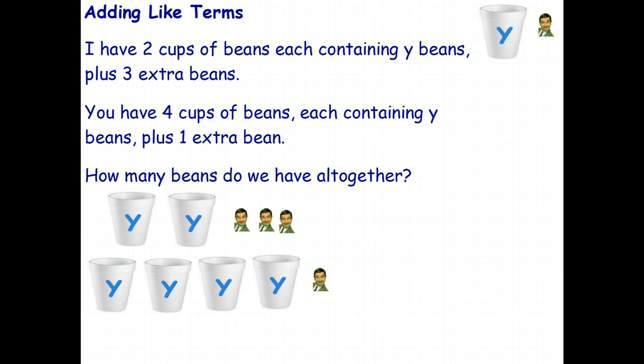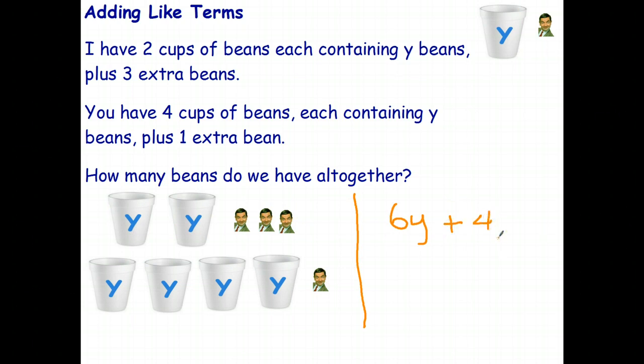How many beans do we have altogether? Well, once again, we have y plus y plus y plus y plus y plus y. So altogether, the number of beans in 6 cups is 6y beans, since each cup contains y beans, and the number of extra beans is 4.